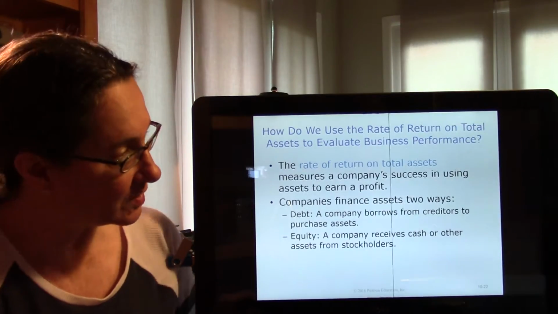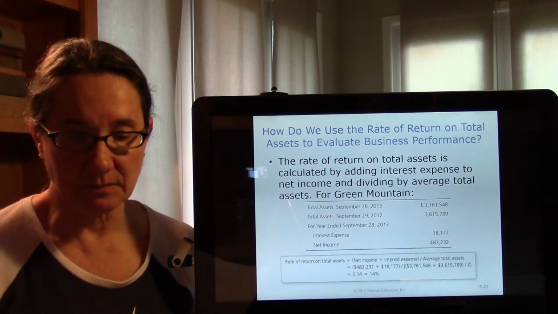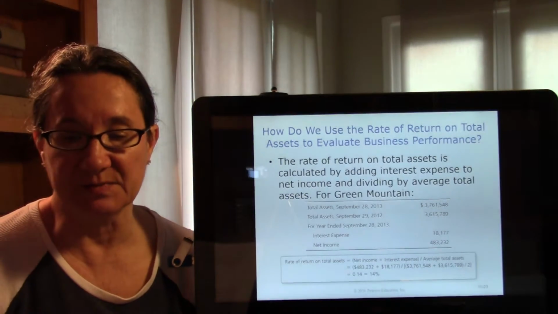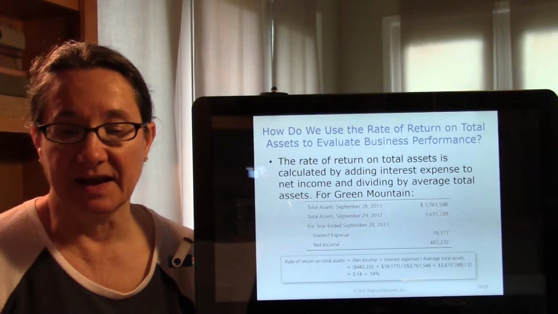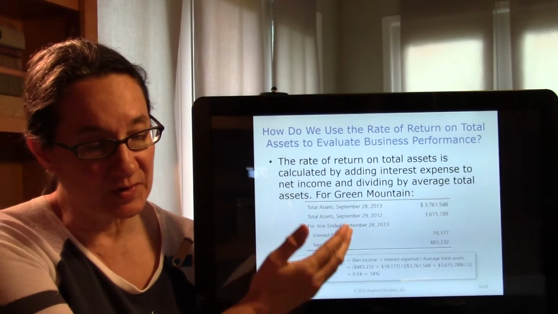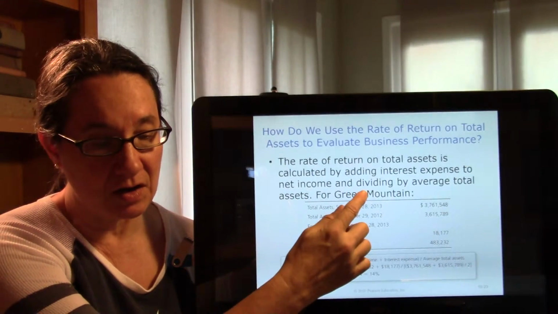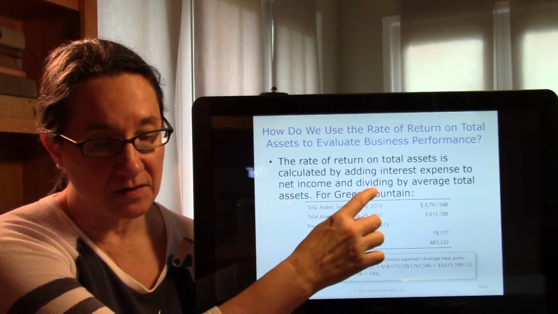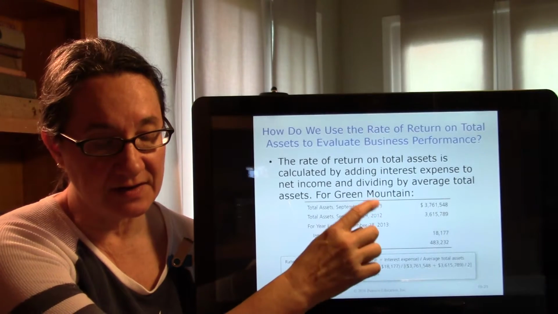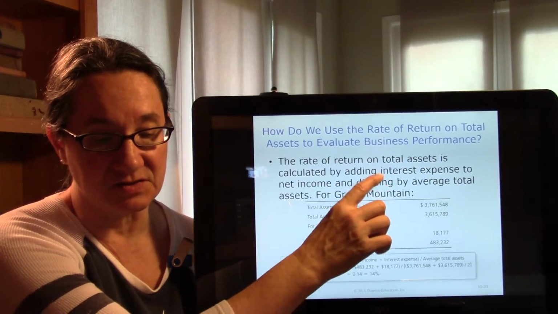So, how do we use this? Well, let's look at an example. The rate of return on total assets is calculated by adding interest expense to net income and dividing by average total assets. So, for this example, you're using Green Mountain. Their total assets start out at $3,761,548. Then their ending assets are $3,761,000.